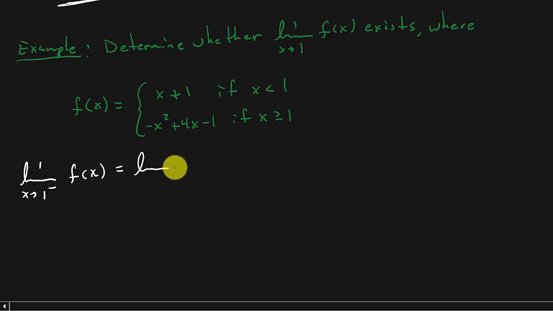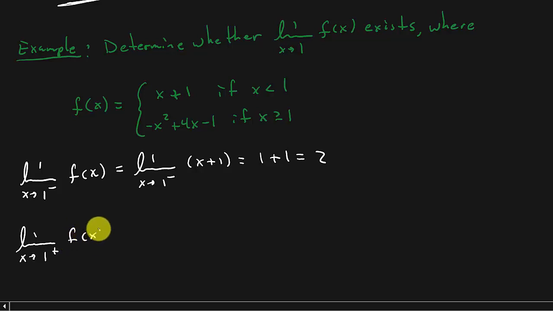So this is the limit as x approaches 1 from the left of f of x. Now we're coming in from the left, so these are the values x less than 1. That's this one. That's x plus 1. Now we just plug it in. That's 1 plus 1, which is equal to 2. And then we need to do the limit as x approaches 1 from the right of f of x.